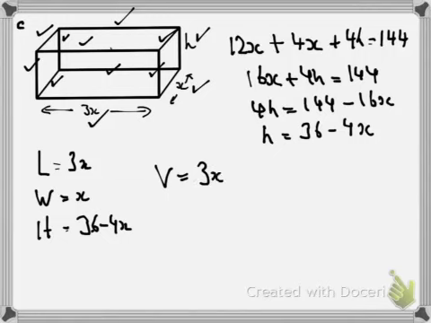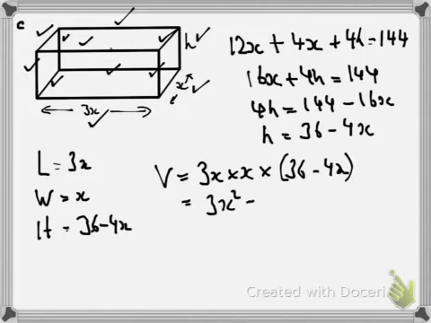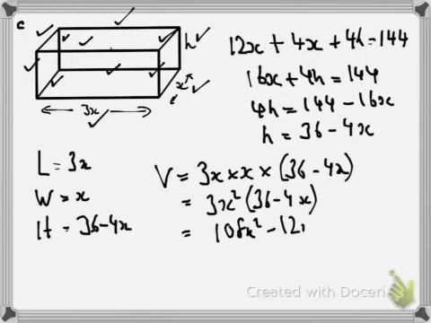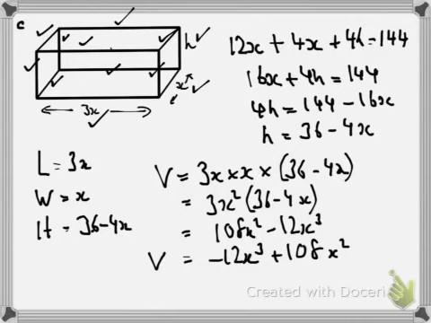It's 3x times x times 36 minus 4x, equals 3x squared outside of 36 minus 4x, equals 108x squared minus 12x cubed. If we put the x cubed term first, that's our equation for volume: negative 12x cubed plus 108x squared.